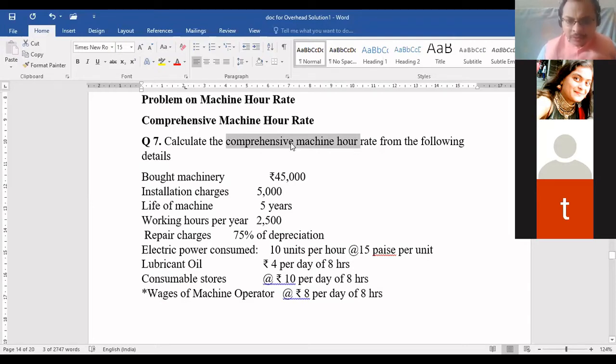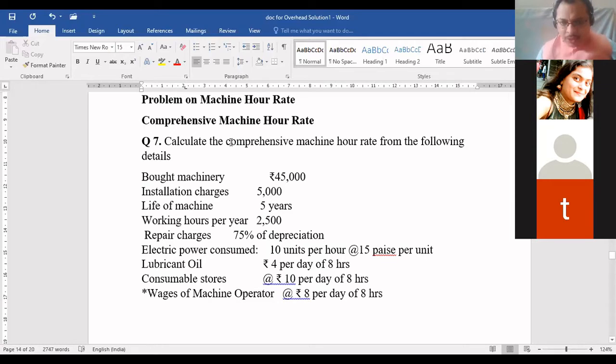If the question asks only to calculate machine hour rate, we have to ignore the wages of machine operator. We have to consider only expenses which are purely related to the machine.